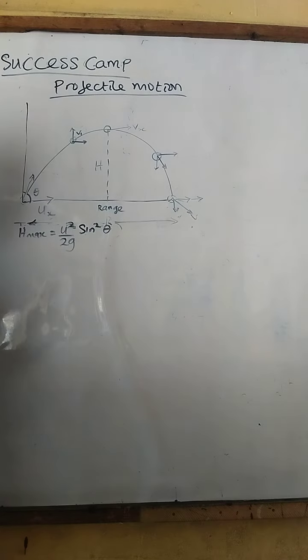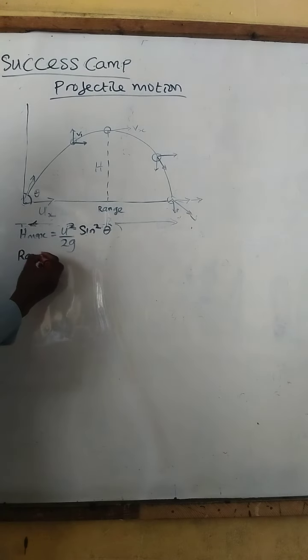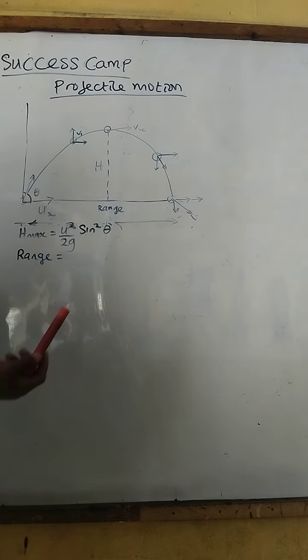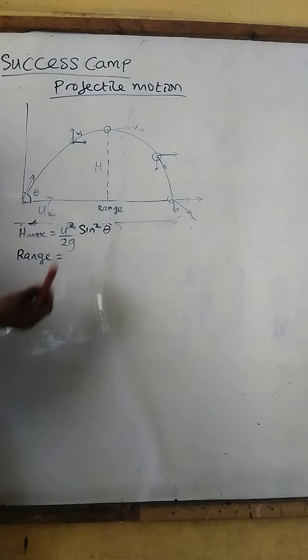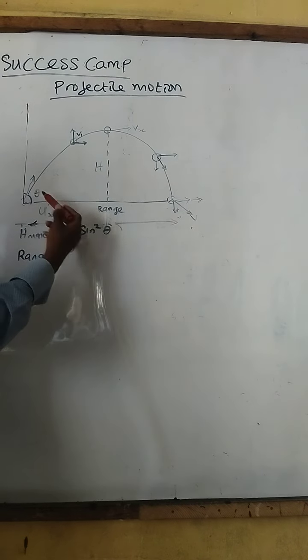And then the last one, which is horizontal, which is range. Range is defined as the horizontal distance from the point at which the object is released to where the object is going to be at. For example, this is range now.